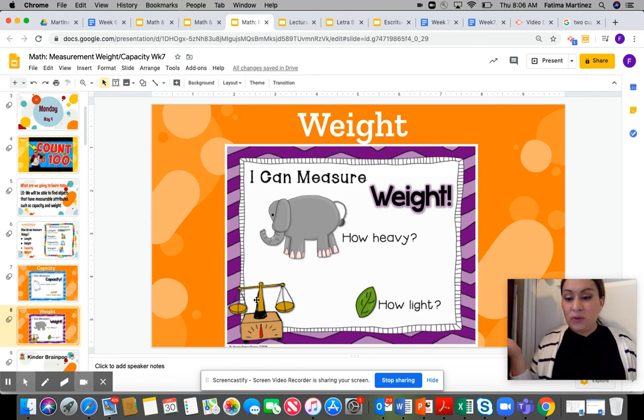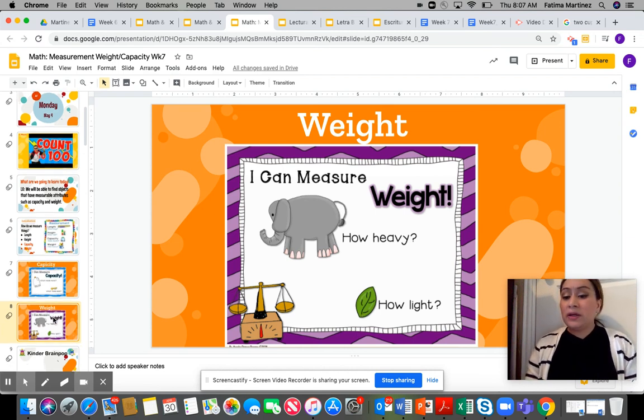But Squeakle Equal always likes to balance. He likes the same thing on both sides. But when it comes to weight, some are going to be heavier and some are going to be lighter. Let's look at the examples. If we look at this elephant, we know that it's heavy, heavy, heavy, and this little leaf is light. That's what we're looking at when we look at weight.